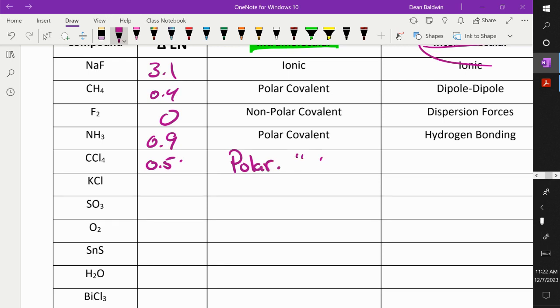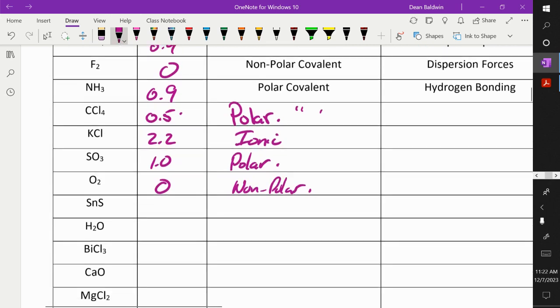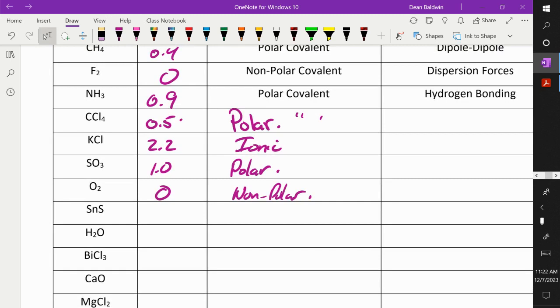Polar covalent. All right. KCl, what's the difference? 2.2, which means we're going to be ionic. SO3, sorry, 1, that's going to be polar. O2 is going to be 0, which is nonpolar. Tin sulfide, 0.7, is that what I heard? 0.7, which is polar. I was going to write nonpolar.